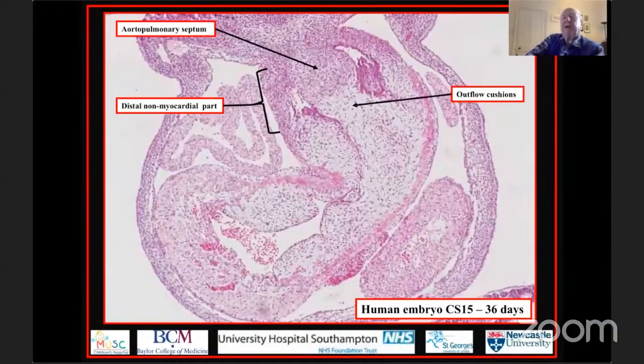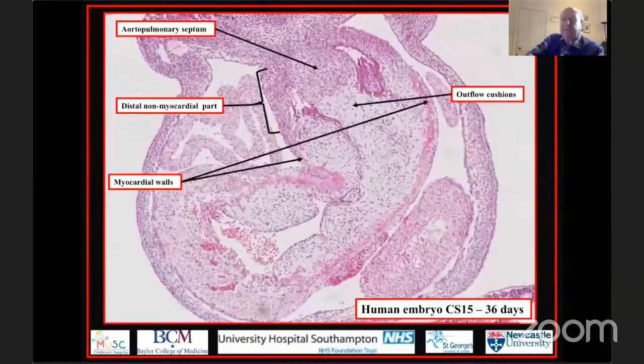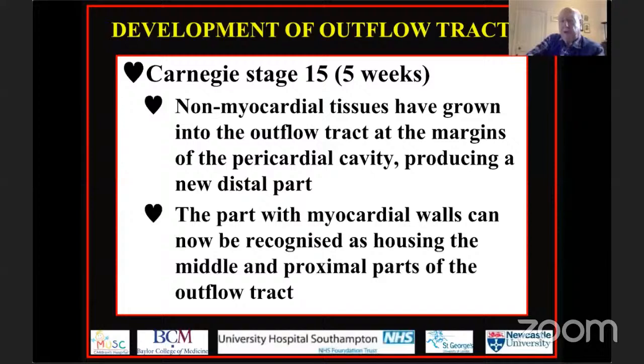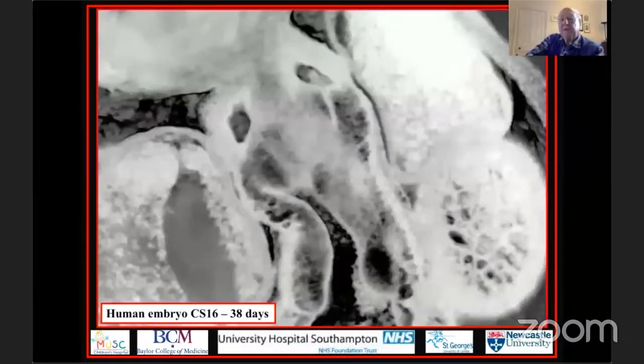So there are the outflow cushions, and very nicely now you can see how they are spiraling through the persisting part of the outflow tract that has myocardial walls. So that is the middle part, the proximal part. So very rapidly, non-myocardial tissues have grown into the outflow tract at the margins, producing a new distal non-myocardial component, whereas the part with myocardial walls can now be said to have middle and proximal parts.